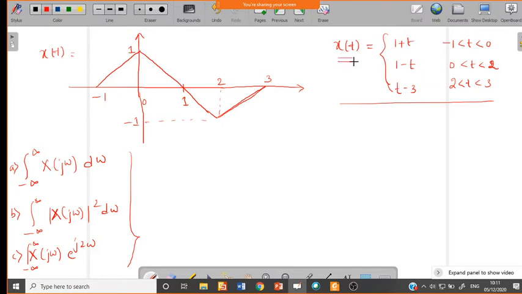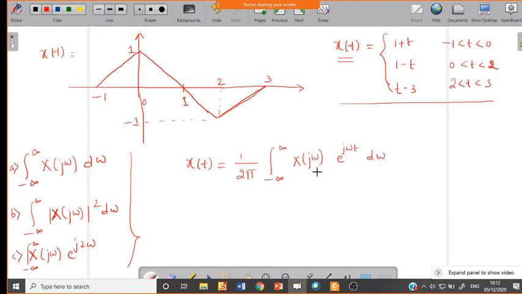Now, by taking these values you have to compute the value of this one. So now we know what x of t is. x of t you can define as 1 over 2 pi integral from minus infinity to plus infinity x of j omega into e power j omega t into d omega, right?